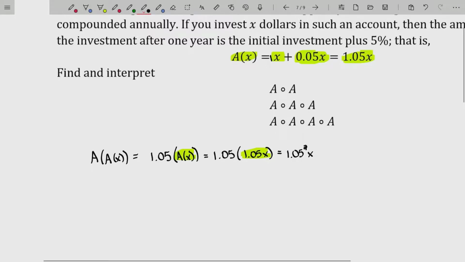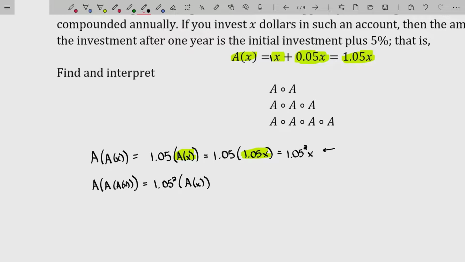Now we move on and we say, okay, well, what if we had A composed with A composed with A of x? Now, if you do this, you get 1.05 squared. I'm just using A composed with A, and we're going to compose that with A. So this is A of A, and instead of plugging in x, I'm going to plug in A to that.